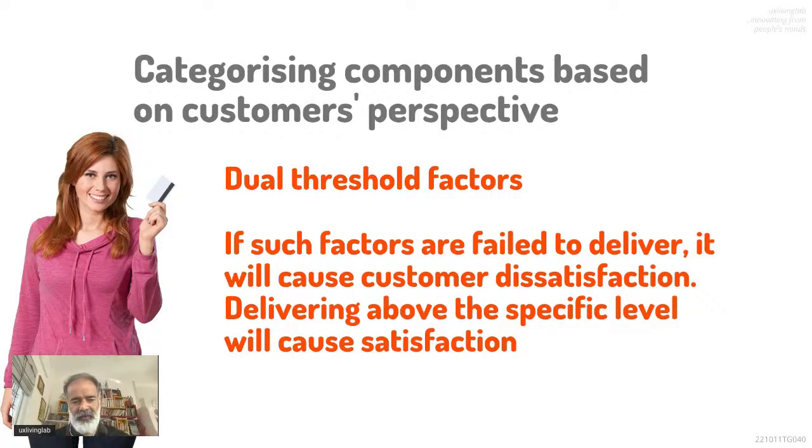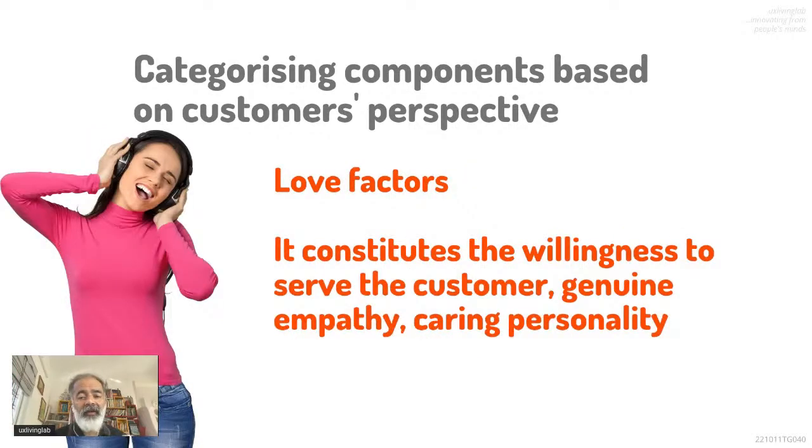But if it is clean and neat, then it gives satisfaction. They expect some cleanness, but if you provide more than that, then it gives satisfaction. That is the way you have to understand this, so that you can apply these concepts in your product: which component of the product gives this dual effect.